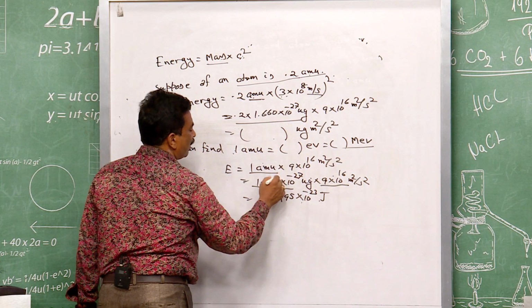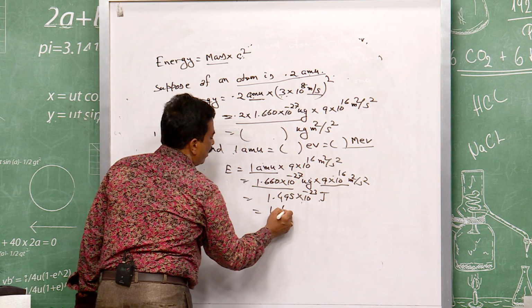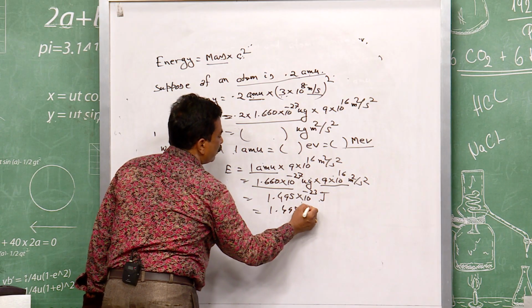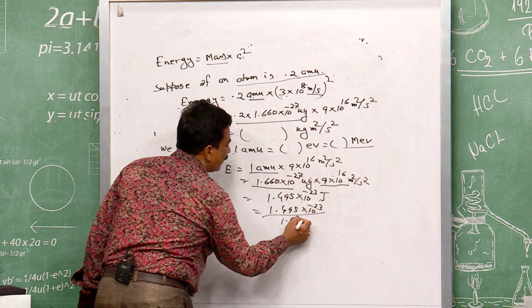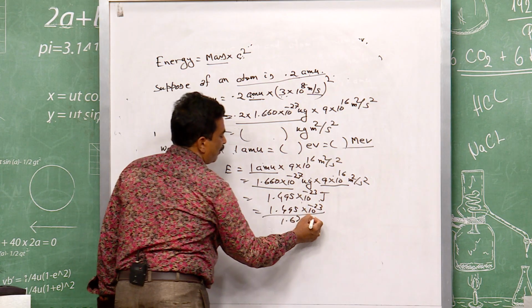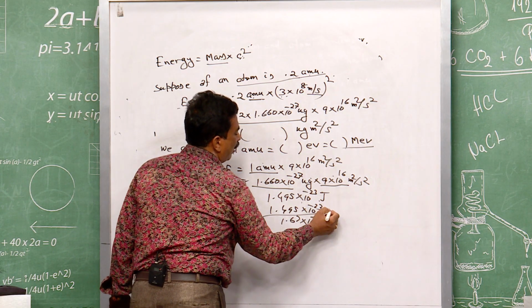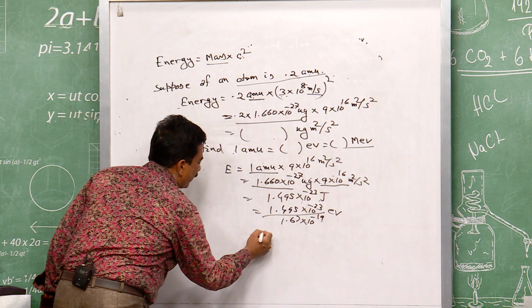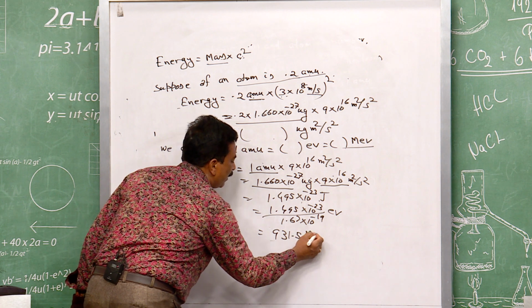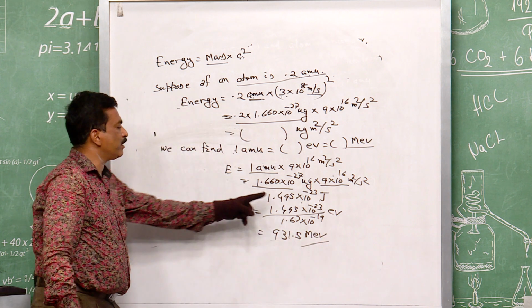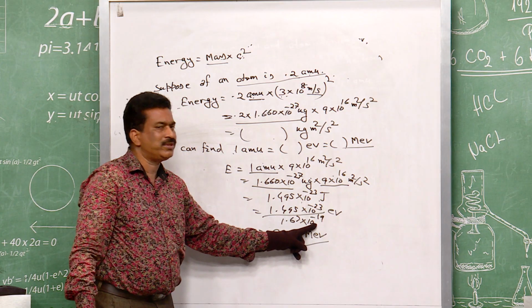And if that is to be converted into eV, we divide by 1.6 into 10 to the power of minus 19, which simplifies to 931.5 MeV. The question comes: why have you divided by this much?